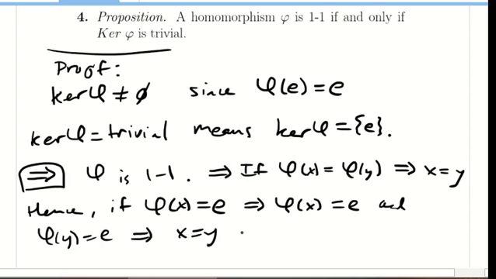And they must all equal the identity. Okay, there's not really much going that way, right?